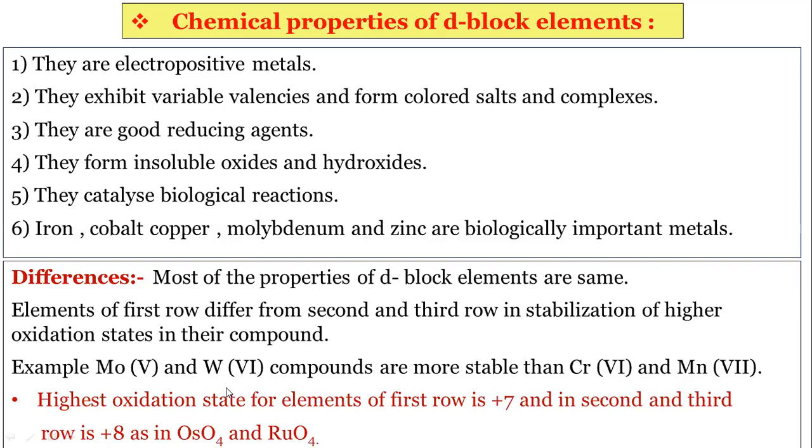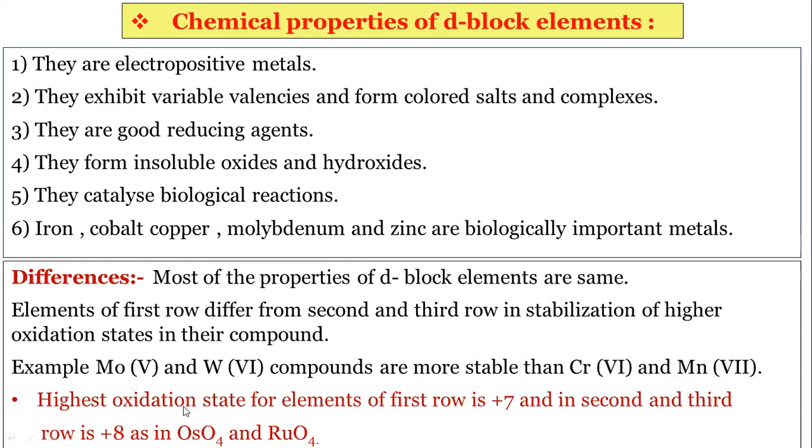Though the oxidation states are lower, these compounds are more stable than chromium with plus 6 and manganese with plus 7. Though the oxidation states of chromium and manganese are higher, molybdenum and tungsten are more stable. This is the difference of 3D series, 4D series and 5D series.